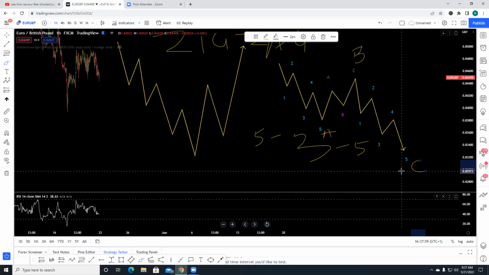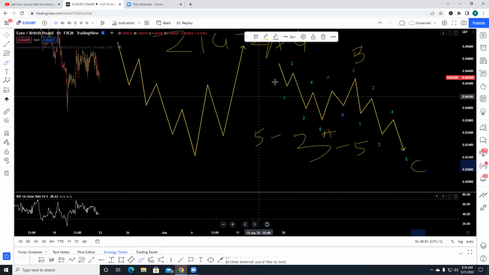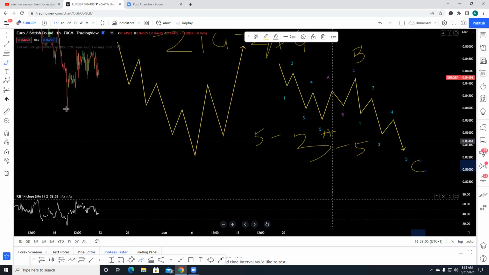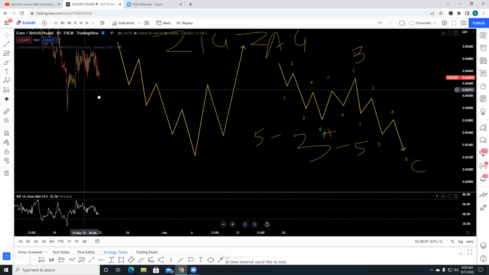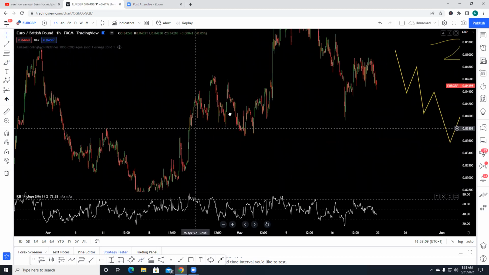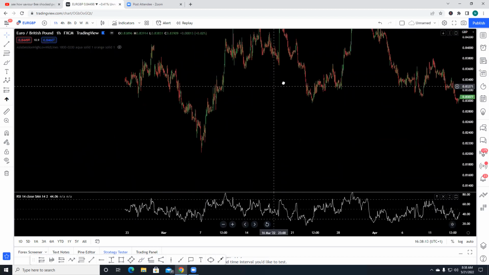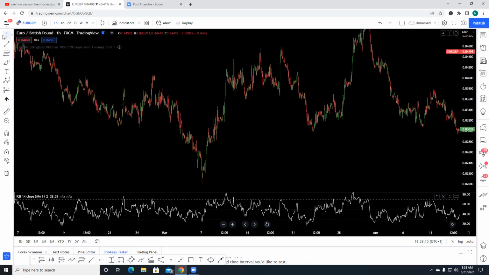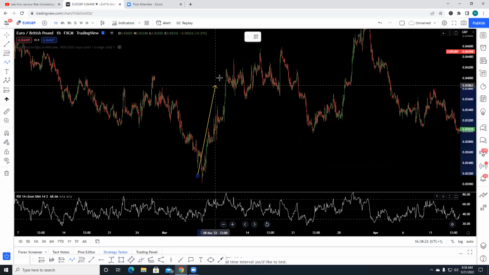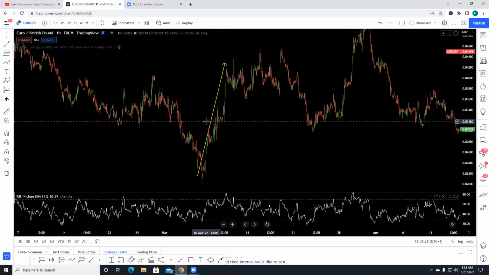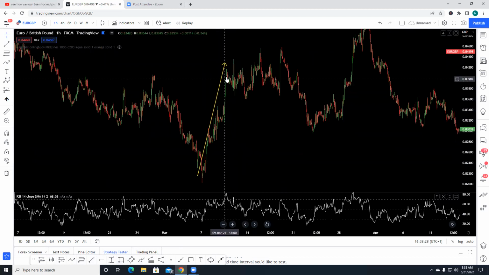But listen to me very clearly. Do not start looking for wave 1, wave 2, wave 3, wave 4, wave 5 in a zigzag. If you have a move to the downside, let me show you an example, guys. If you have a move like this, you can see that it's difficult for you to really get wave 1, wave 2, wave 3, wave 4, wave 5 in this move.